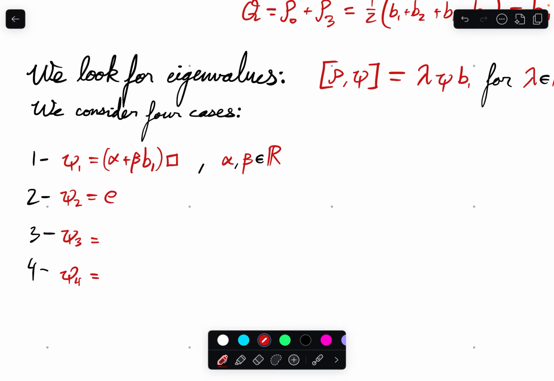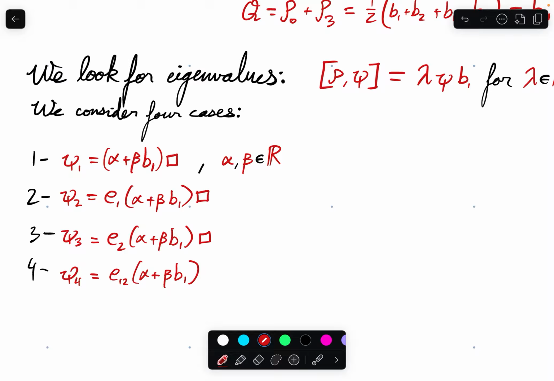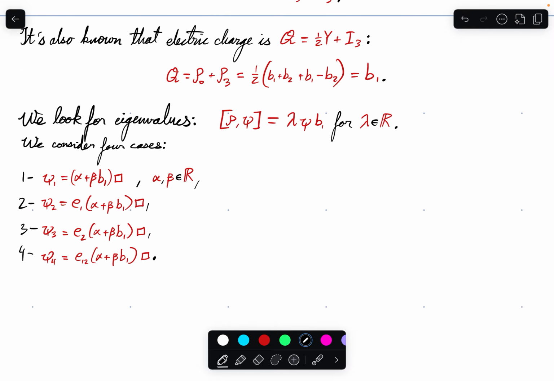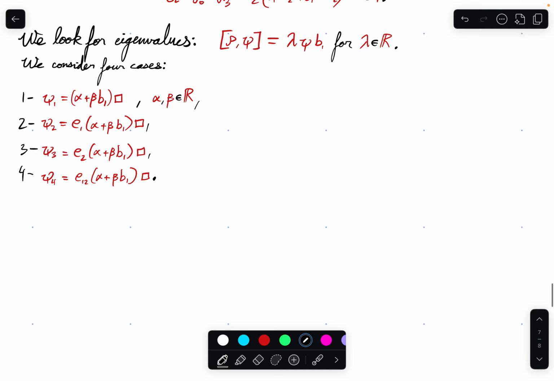Then C2 is E1 times alpha plus beta B1 box. Then C3 is E2, alpha plus beta B1 box. And C4 is E12, alpha plus beta B1 box. So these are the 4 cases.